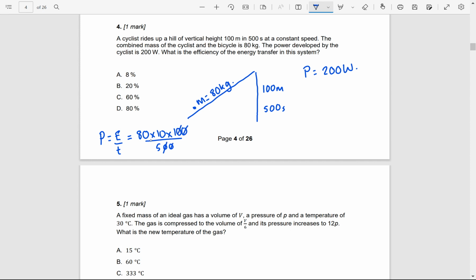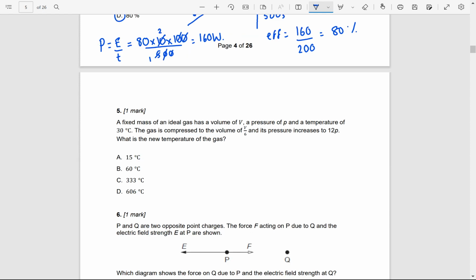So if I just clean this up, I've got 160 watts. Okay, so 160 watts. So I have my efficiency is 160 divided by 200, which is 80%. Again, the answer is D.